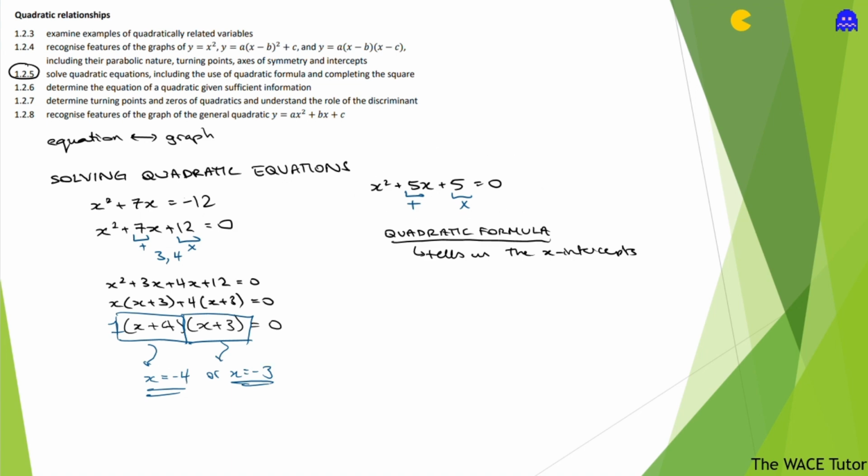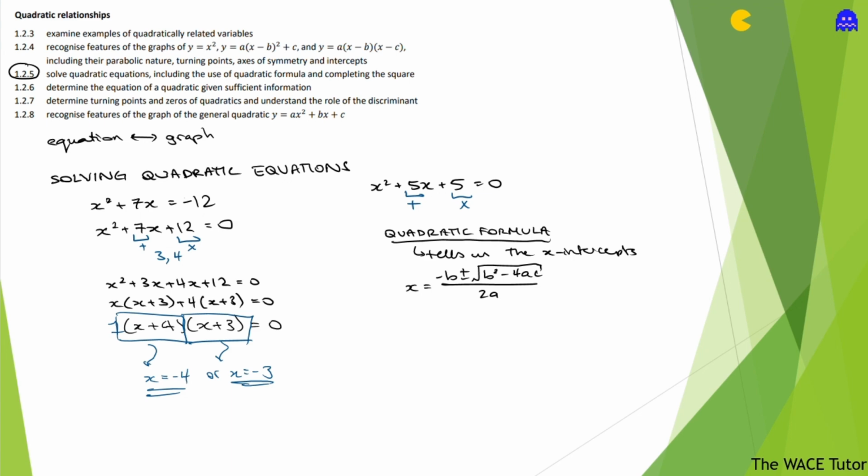Obviously, for this equation, those won't be the solutions. But the quadratic formula is x equals minus b plus or minus root b squared take 4ac, divided by 2a. I remember the first time I learned about this, it seemed like it came out of nowhere, and I didn't know what the b's, a's, or c's meant at all.